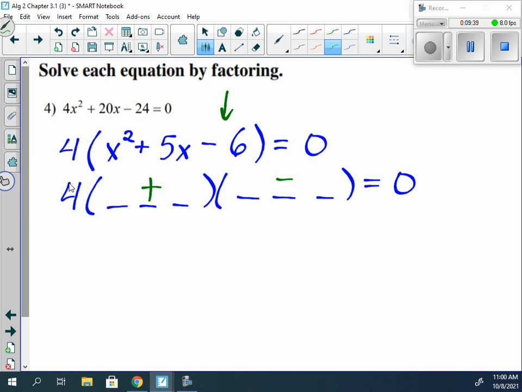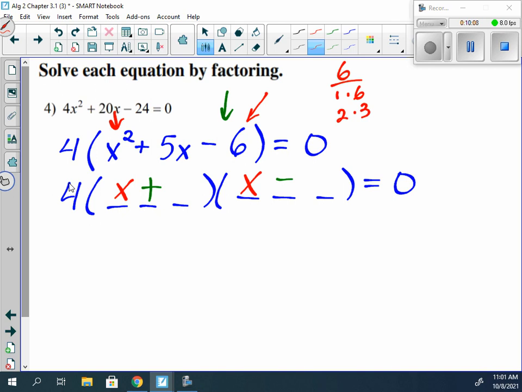One is going to be positive, one is going to be negative, because whenever the third term is negative, the signs are opposite. Now we need to find the factors of x squared and 6. Well, the factors of x squared are x and x. And the factors of 6 are what? 1 and 6, or 3 and 2, or 2 and 3.